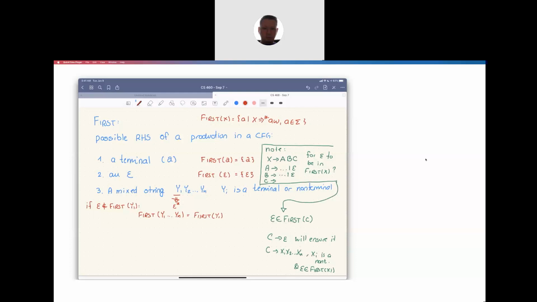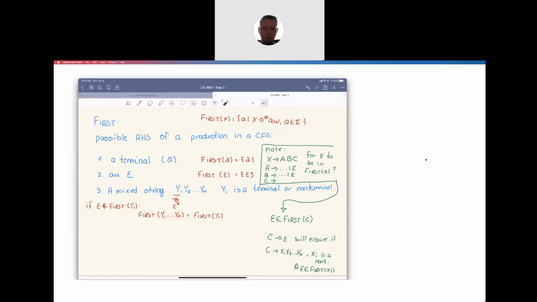So think about it this way. If y1 cannot produce an epsilon, and when I compute first sets I just look at the very first terminal, then that very first terminal will always come from y1, because it never disappears, which means that we don't have to worry about any of this other stuff that's behind it. So I get this equality.